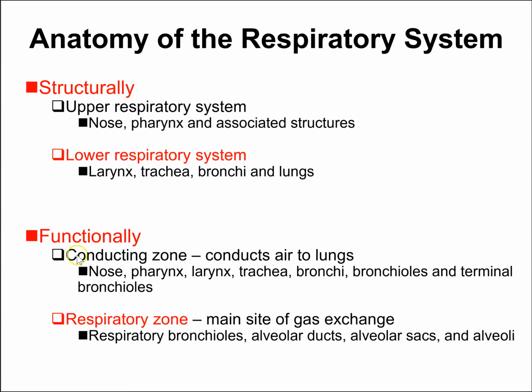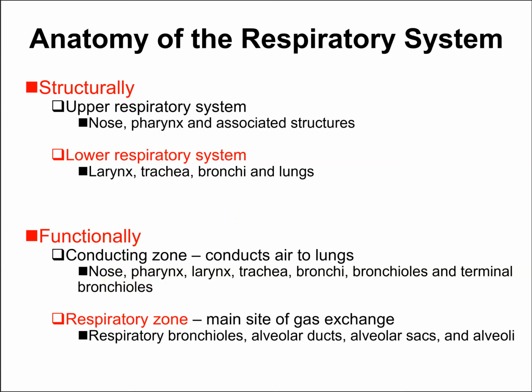Now, functionally, the respiratory system can be divided into the respiratory zone and the conducting zone. Now, the conducting zone of the respiratory system includes organs that are not involved in gas exchange. For example, nose, pharynx, larynx, trachea, bronchi, bronchioles, and terminal bronchioles.